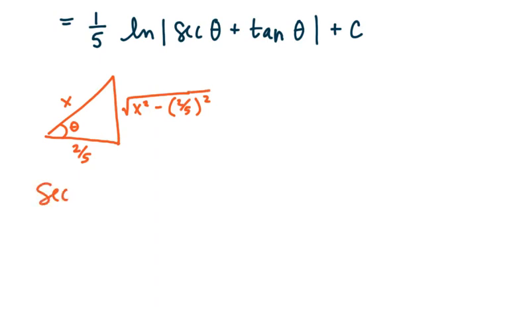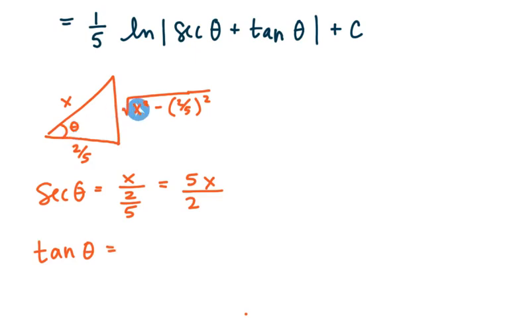We said that secant theta would be equal to x over 2/5, or rather 5x over 2. And tangent theta, we have that in our answer.